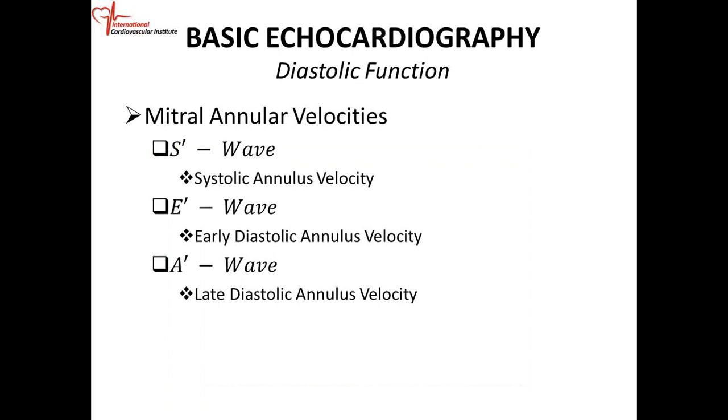So there's like a wringing motion of the heart in addition to the heart pumping, coming in. So anyway, your E prime wave is the early diastolic annulus velocity, and your A prime wave is the late diastolic annulus velocity.